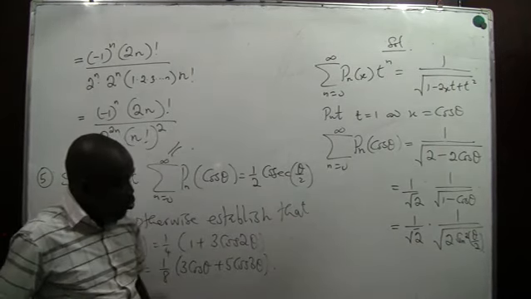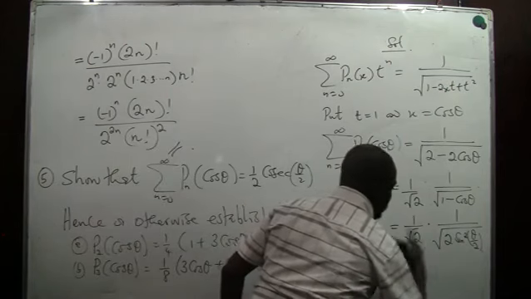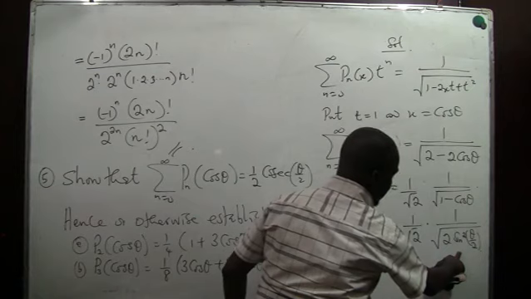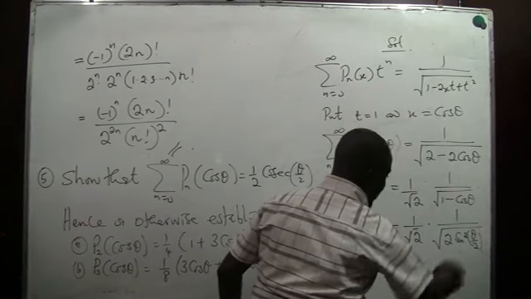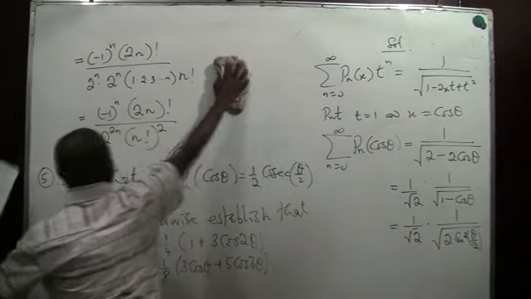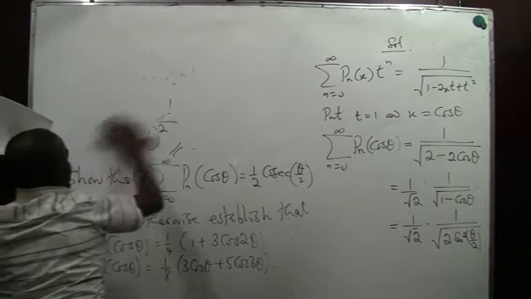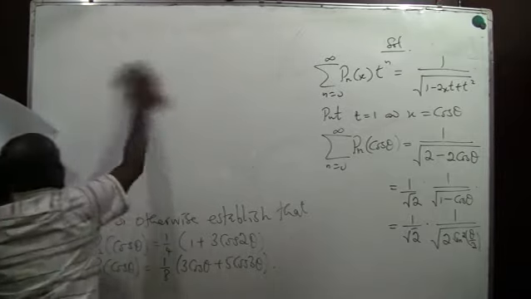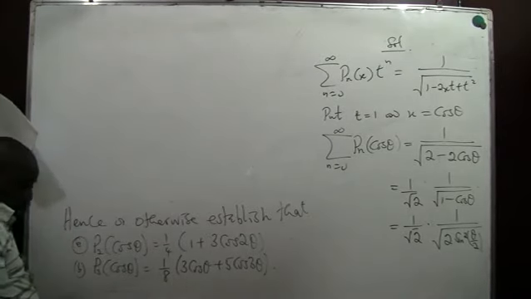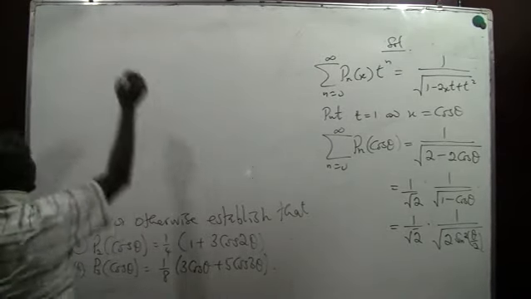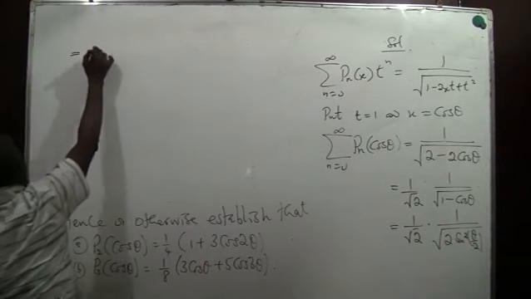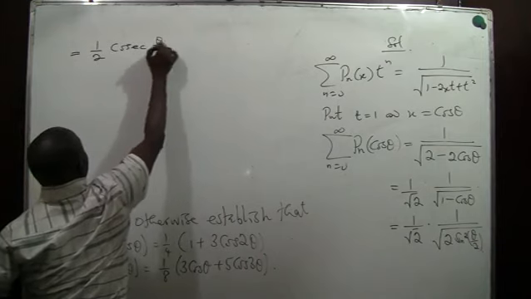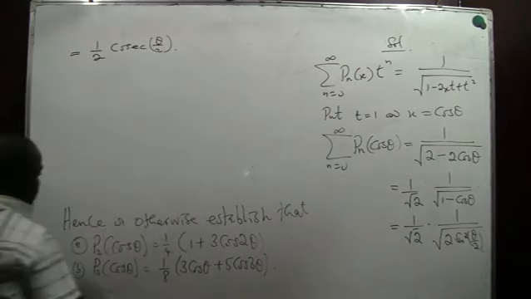So root 2 multiplied by root 2 will give us half, and the square root of sine square is sine. 1 divided by sine will give us cosec. So that gives the first part of the result, equals 1 over 2 cosec theta over 2, which is our desired result.